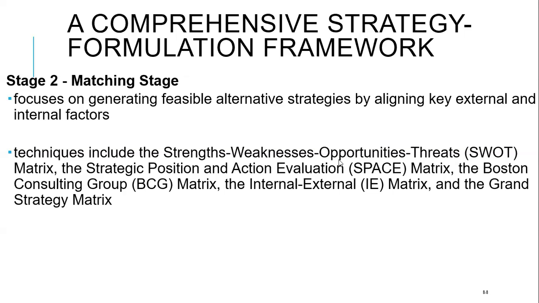The same can be said about the Strategic Position and Action Evaluation matrix, also known as the SPACE matrix, the Boston Consulting Group matrix, the IE matrix, and the Grand Strategy matrix. So we are going to take them in turns to appreciate what each of them entails.